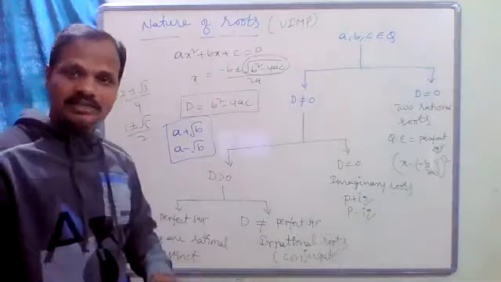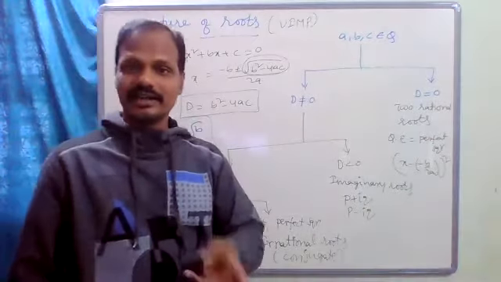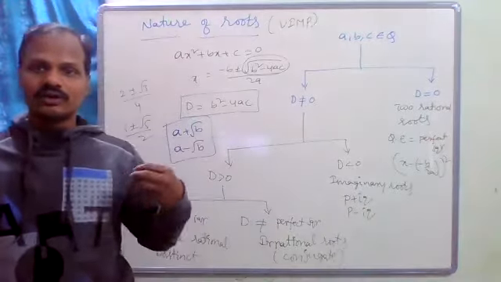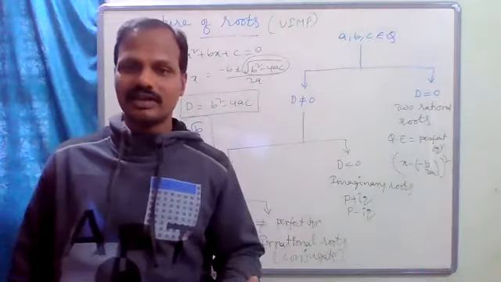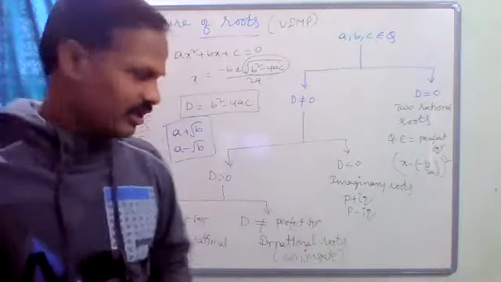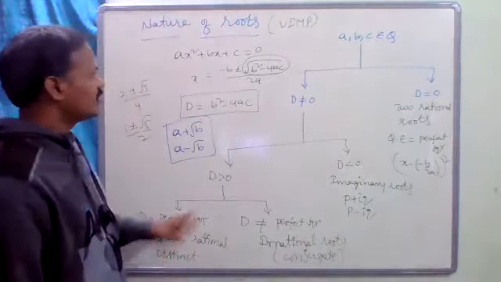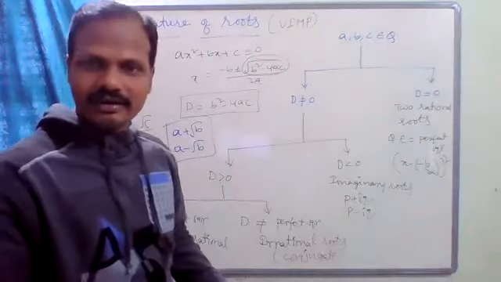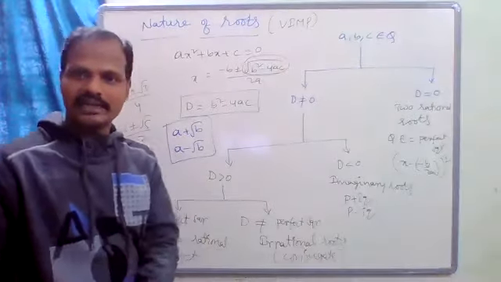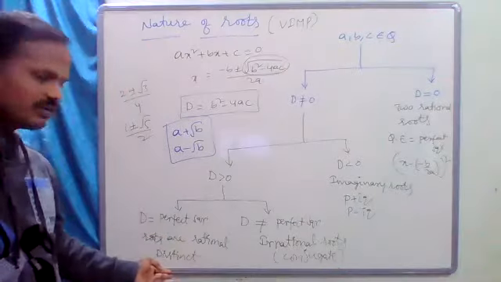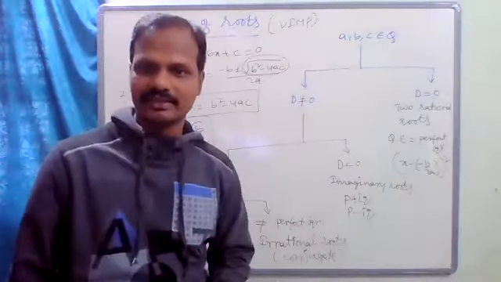Now, if D is positive, again two cases: the discriminant is a perfect square or not a perfect square. If it is a perfect square, the root is eliminated and we get two rational roots, and they are distinct, plus case and minus case.